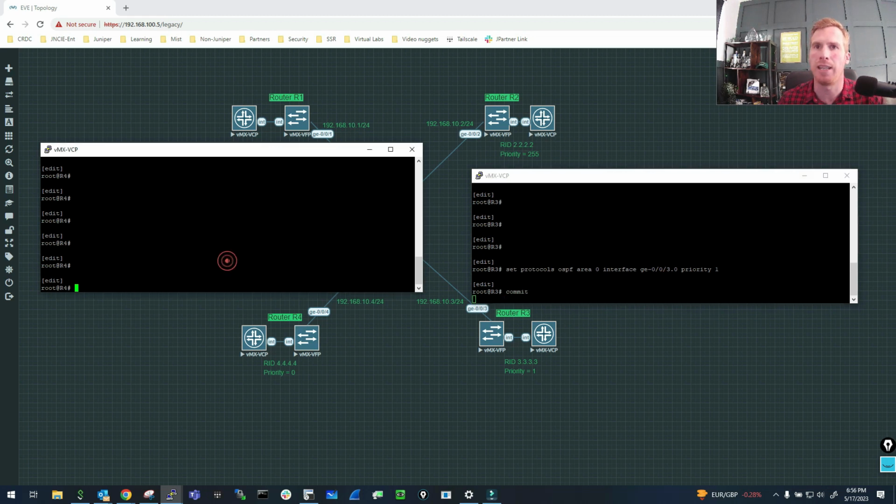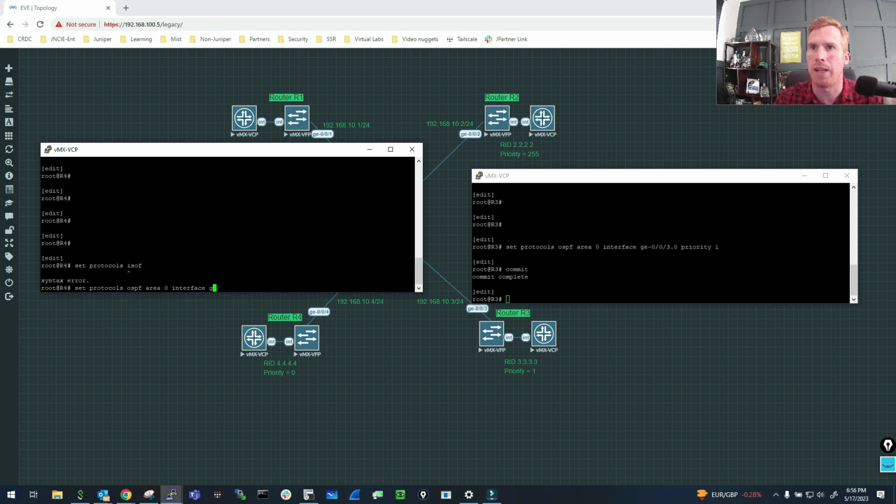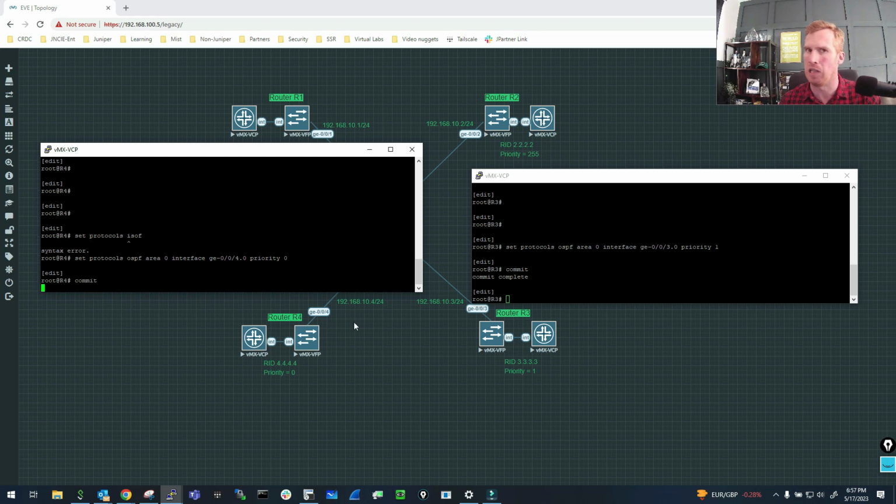And over here, set protocols OSPF area 0 interface ge-0/0/4.0 priority of absolute 0, so it would never ever become a DR or BDR. It's the lowest of the priority values, and we can see they've both been committed.